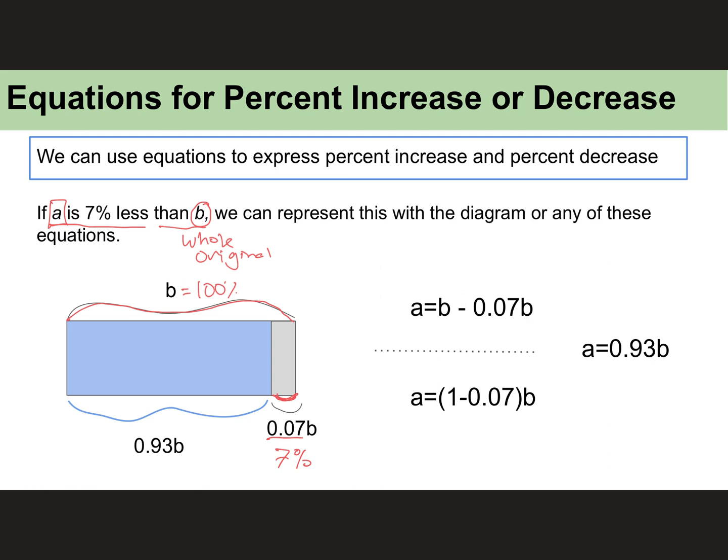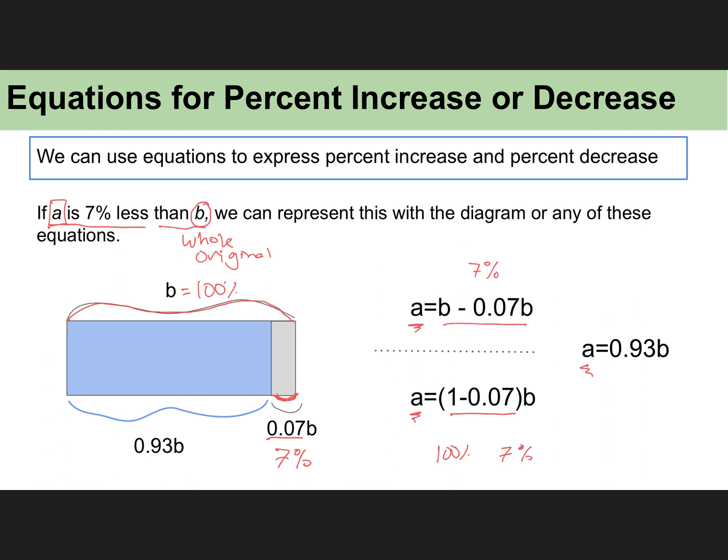So we can write the equations in a few ways. We're always trying to find A in this case. We're trying to find the new one. A is equal to B minus 0.07 of B. Why 0.07? Because that is 7%. Or we could write it like this, 1 minus 0.07. 1 is represented by 100%, and 7% is this.